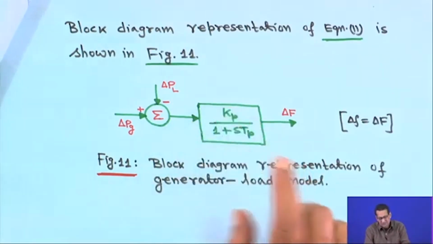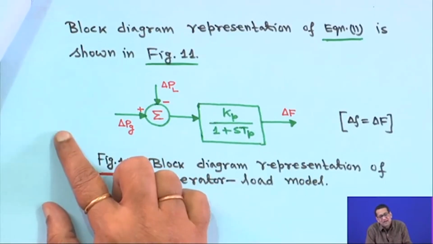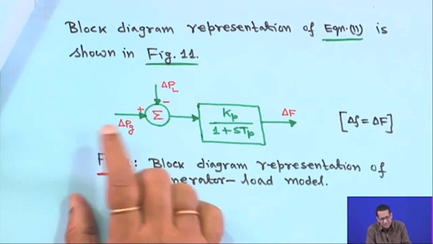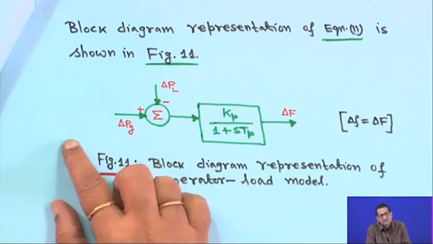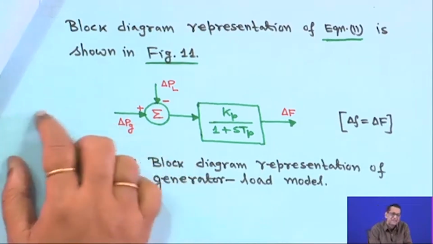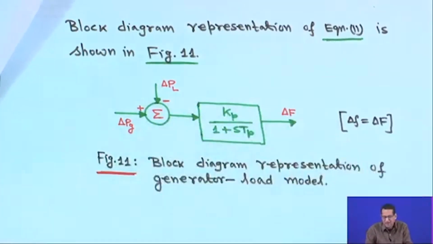Delta Pg we have related with the turbine power output, that is also related to the governor output, and finally delta F was the input. So all these things we have made.